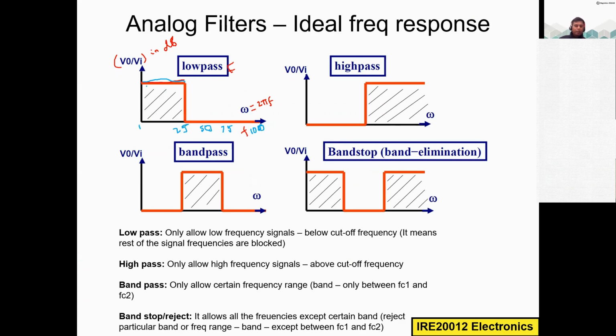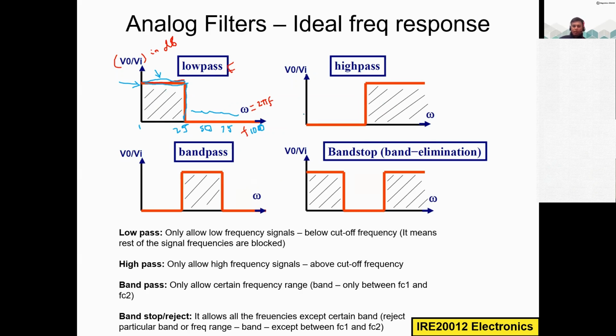Up to this 25 kilohertz, the filter is passing, so the output is high. And then after 25, there is no more output. Output becomes 0. So it stops these high frequency signals and it passes only these low frequency signals. That is called a low pass filter.